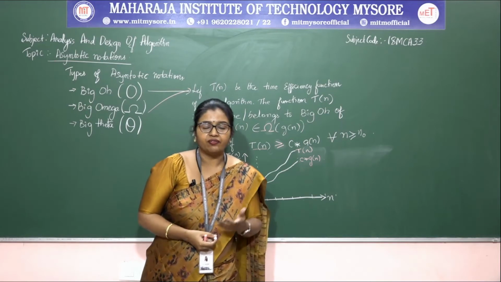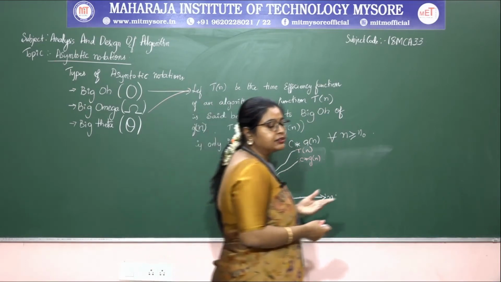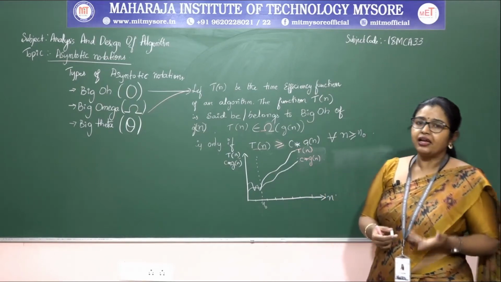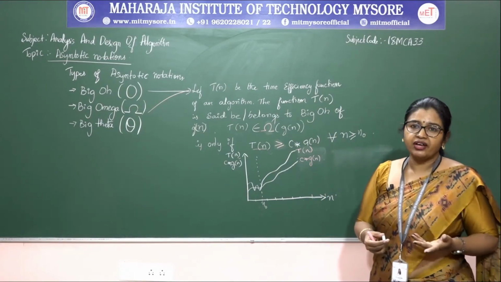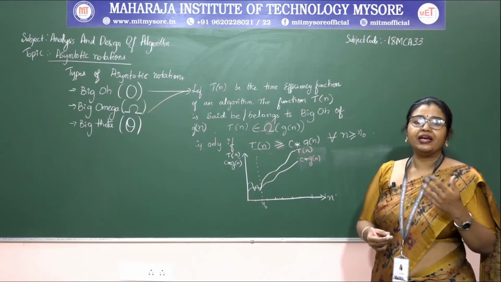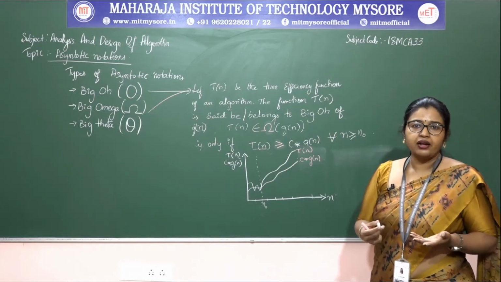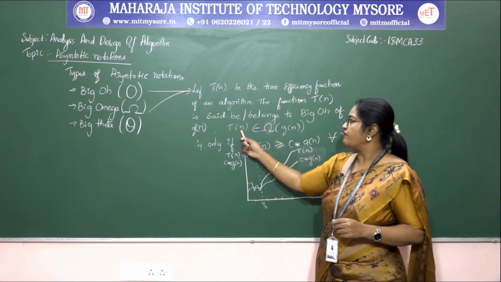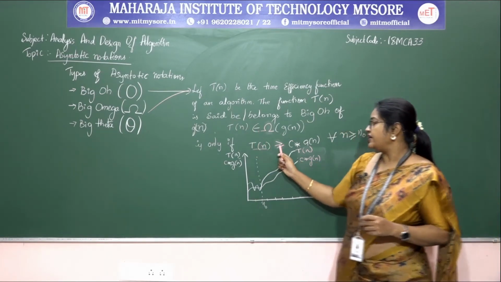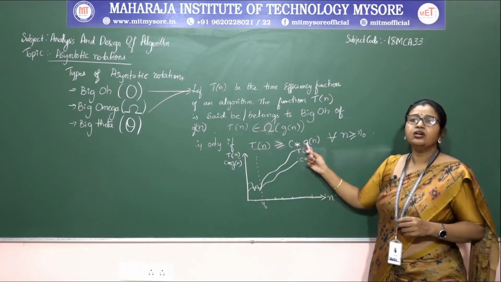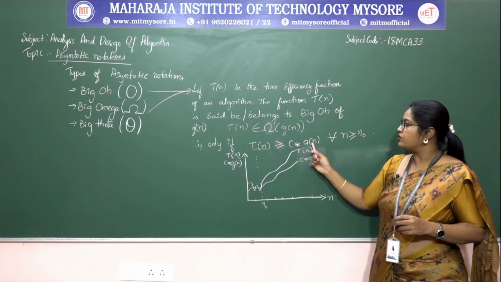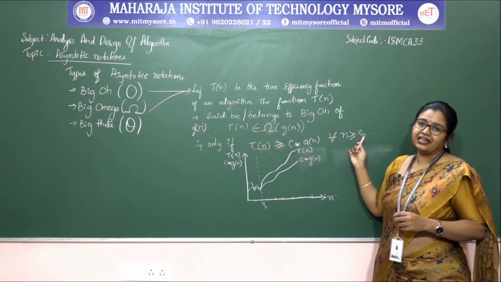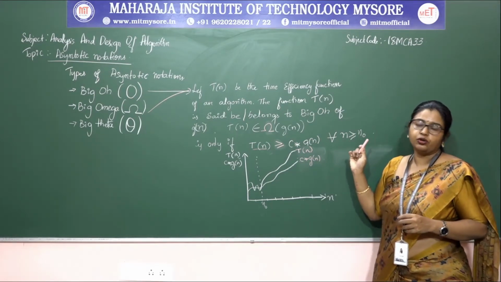So if I say T of n is the time efficiency function of any algorithm, the function T of n is said to be big omega of g of n if and only if your T of n is greater than or equal to c into g of n for any constant c and for all n greater than n naught, where n naught is the absolute value.